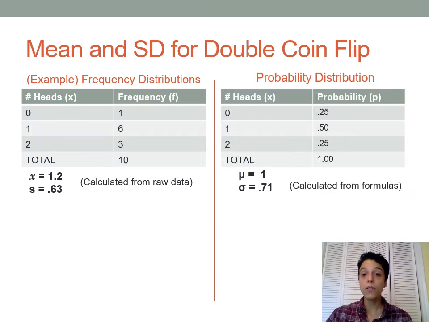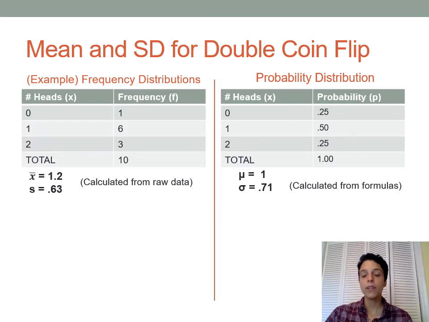The thing is, you can also talk about the mean and standard deviation for a probability distribution. And here I'm referring to them using mu and sigma, which are our mean and standard deviation when talking about probability distributions. Here, we're not going to talk about how to calculate these. These are calculated with formulas for something called a binomial distribution that you don't need to know about.